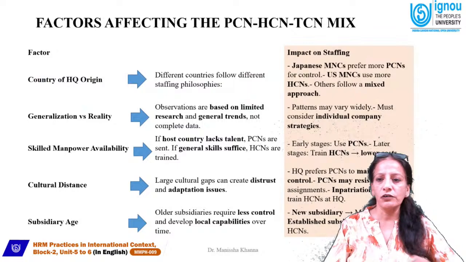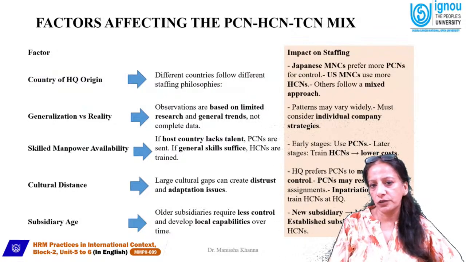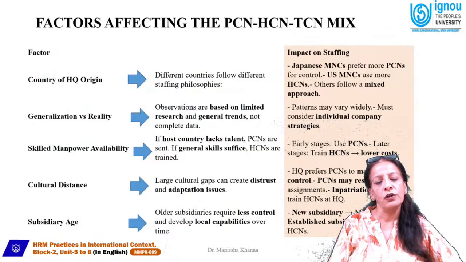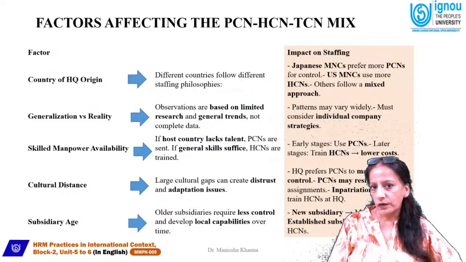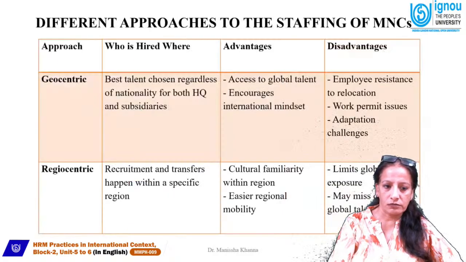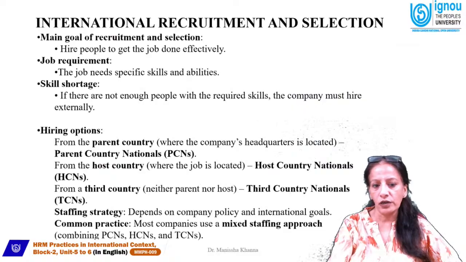So we cannot see much of a mix when we talk about subsidiary age, because new subsidiaries have more parent nationals, and established ones have more host country nationals, where the job is located.